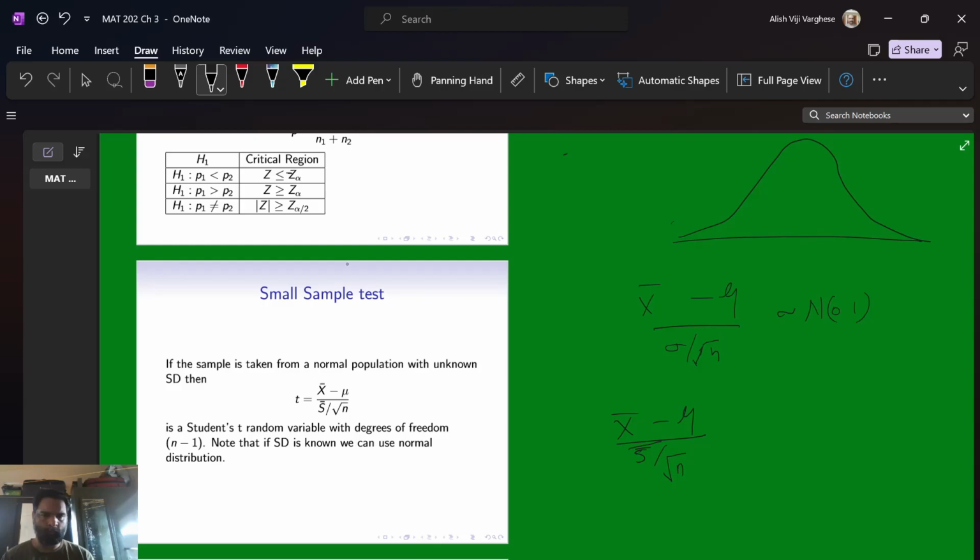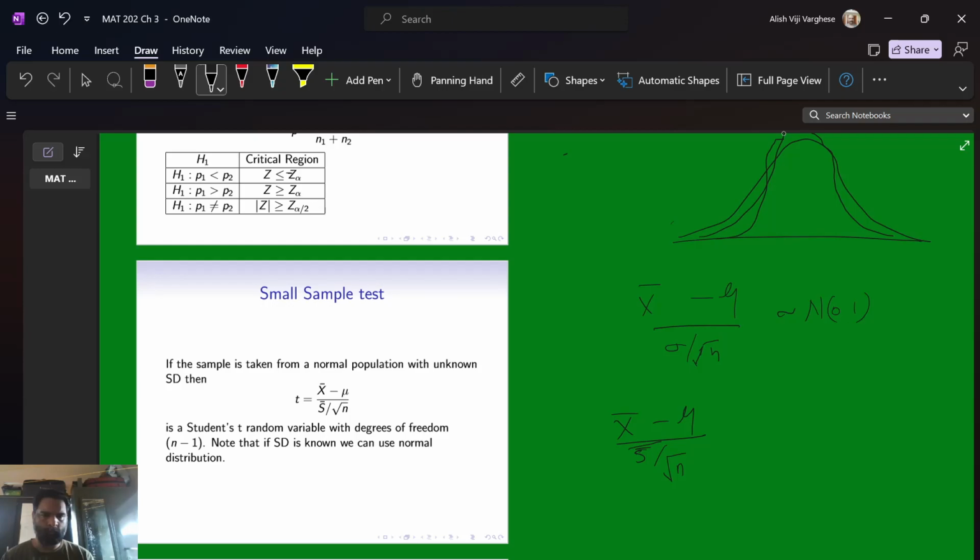It depends on the sample size N, which is referred to as the degrees of freedom of the distribution, and it is related to the sample size N. If we have a sample size n, then x bar minus mu by s by root of n will follow a student's t random variable with degrees of freedom n minus 1.